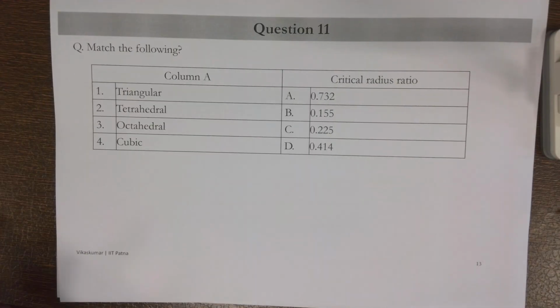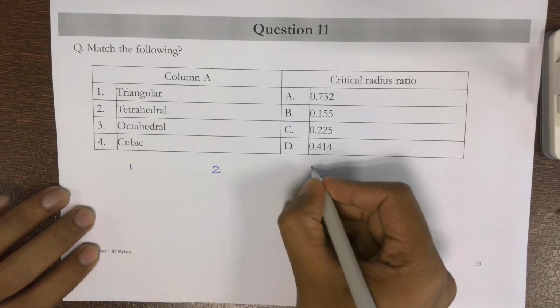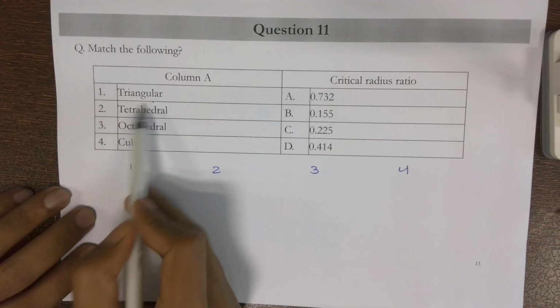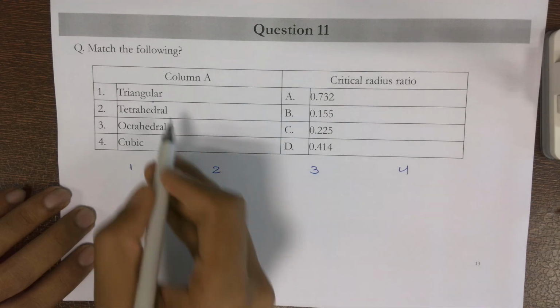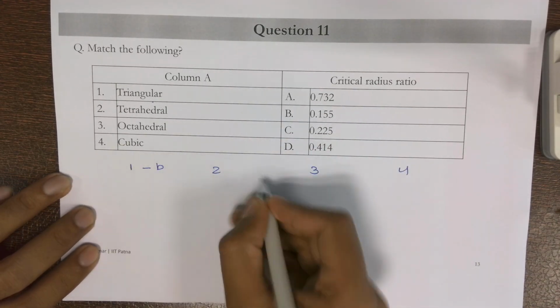Now we can quickly complete this. For the triangular it's 0.155. Very good.